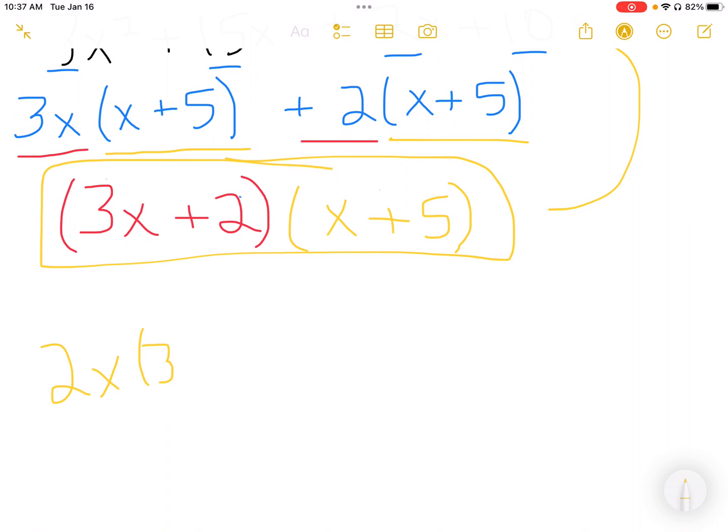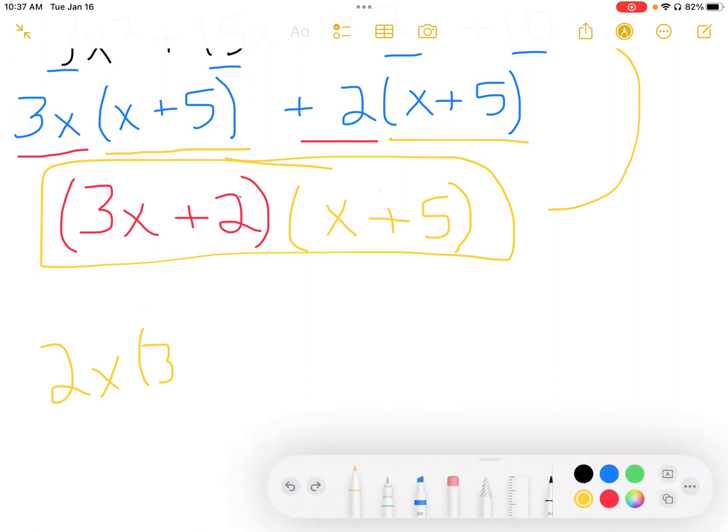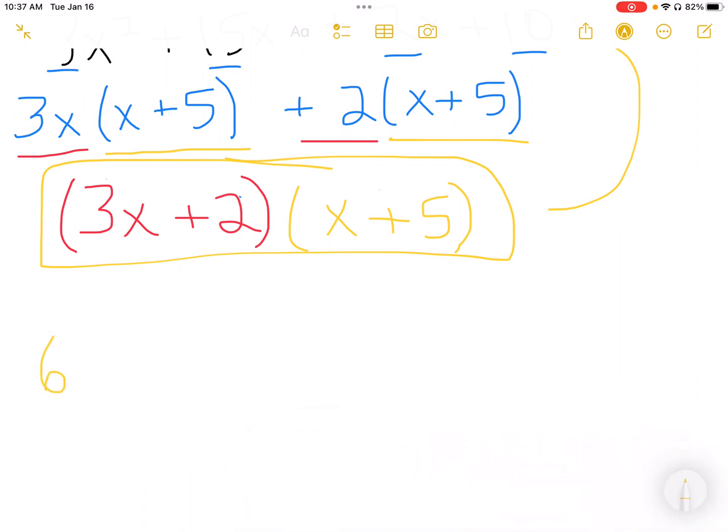Oh, wait, nope. Let me go back one step. I just had it like this: 6x squared minus 8x, and then it said minus 15x plus 20.